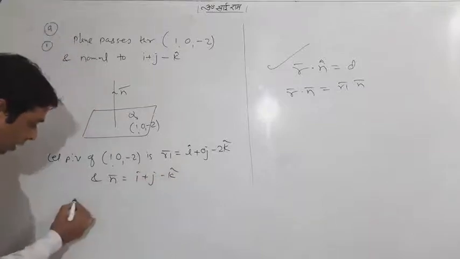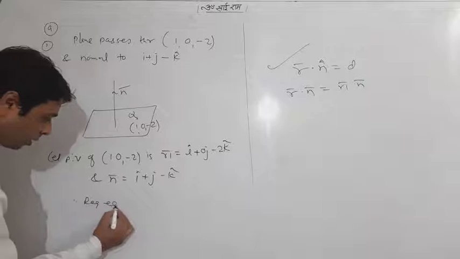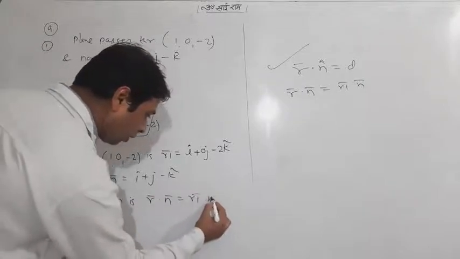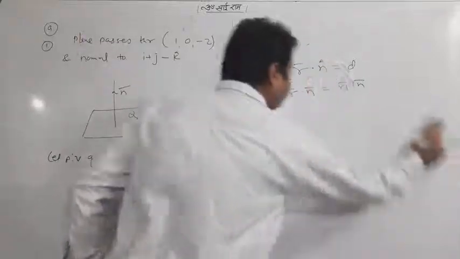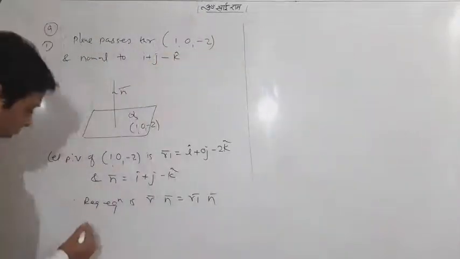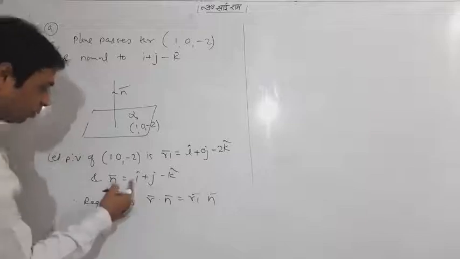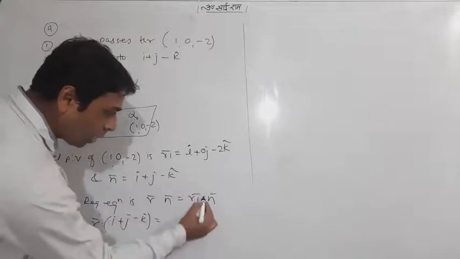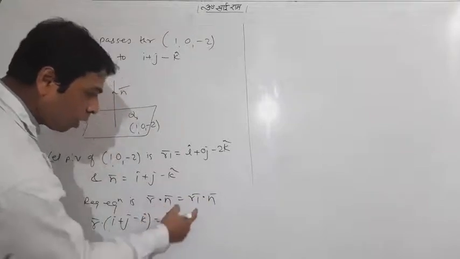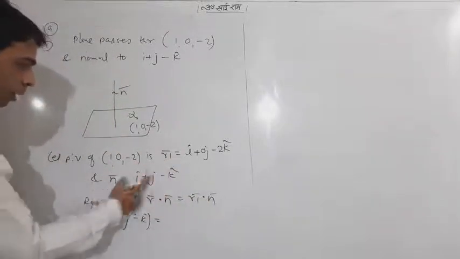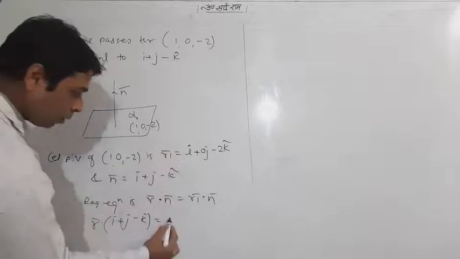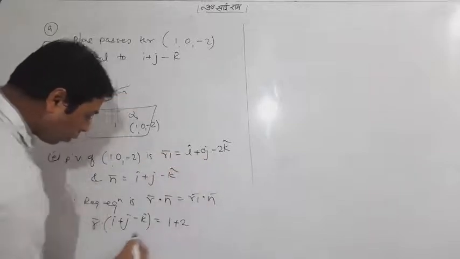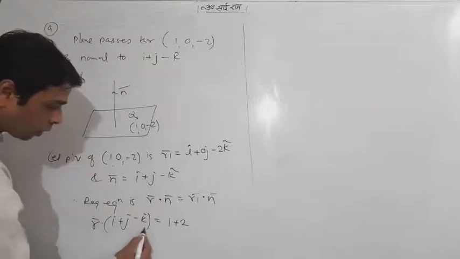So what is the answer? The required equation is r dot n equal to r1 dot n. R dot, what is n? I plus j minus k. R1 dot n, can you do it directly? 1 times 1 is 1, the j and k terms will be 0, and plus 2. So your answer is r dot (i plus j minus k) equal to 3.